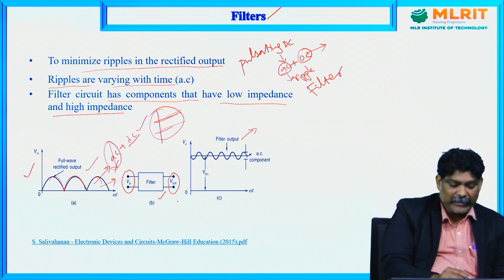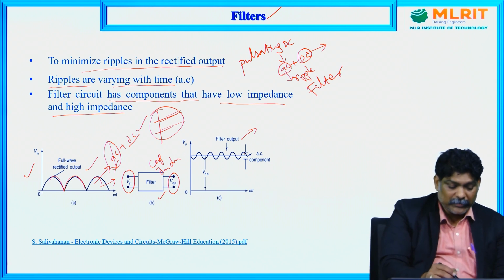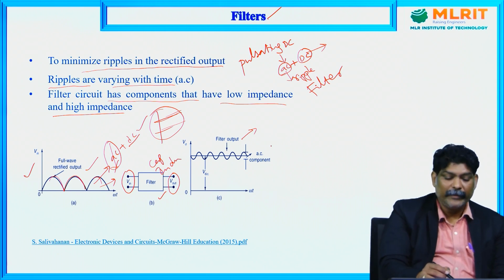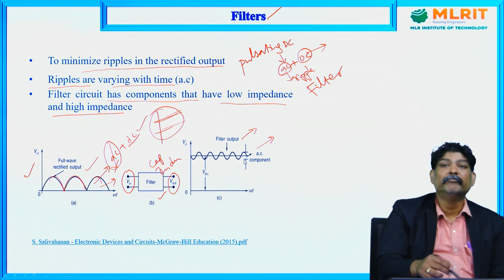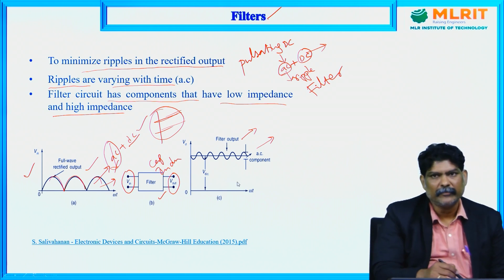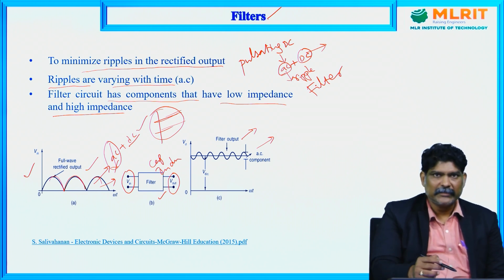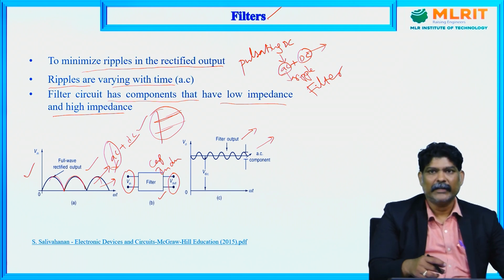This filter may be a capacitor filter or an inductor filter. The AC component in the output will be removed or minimized. This is the basic concept of a filter. Specifically today we are going to discuss what an inductor filter is and how we can analyze it.